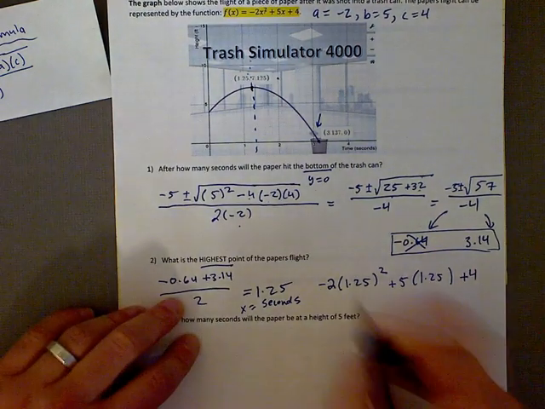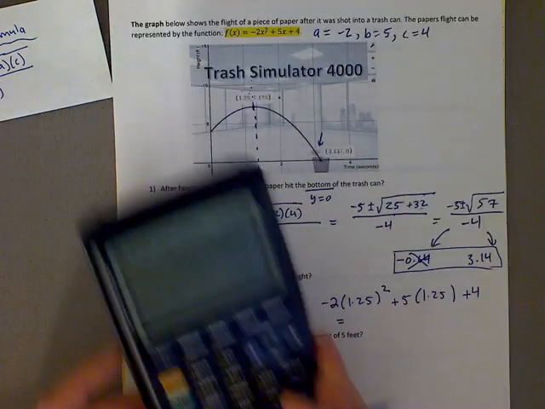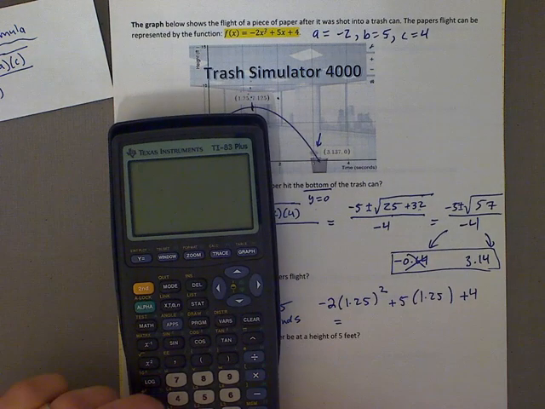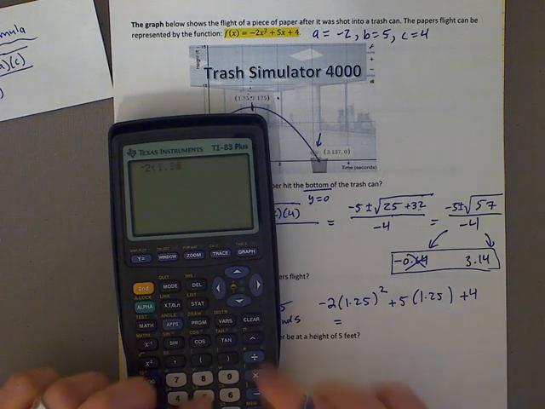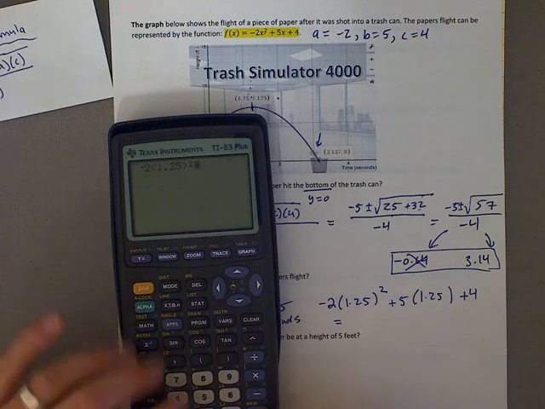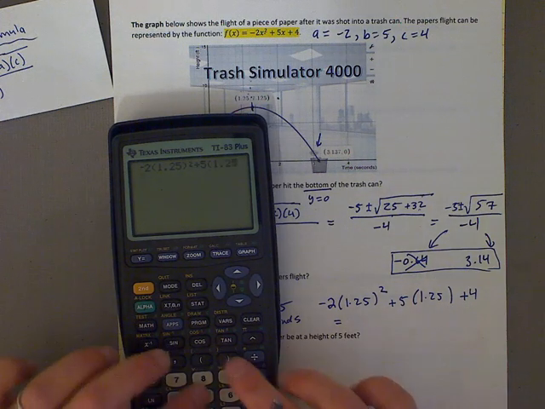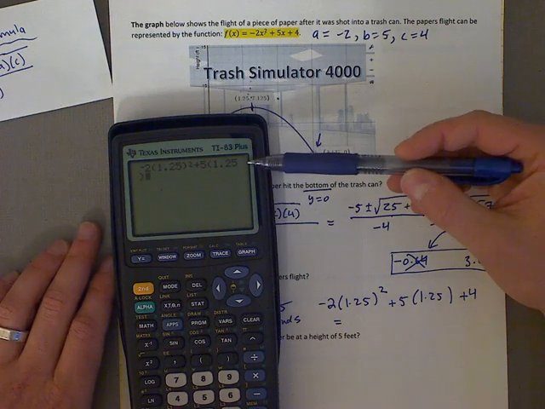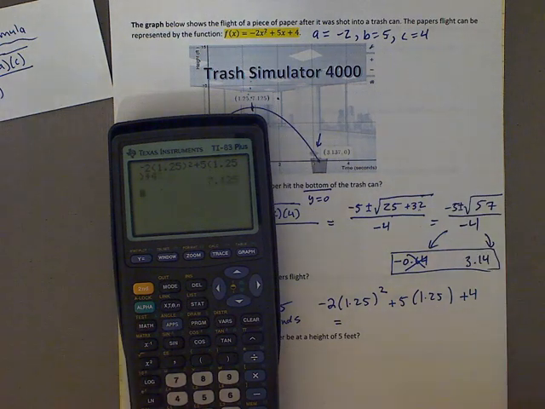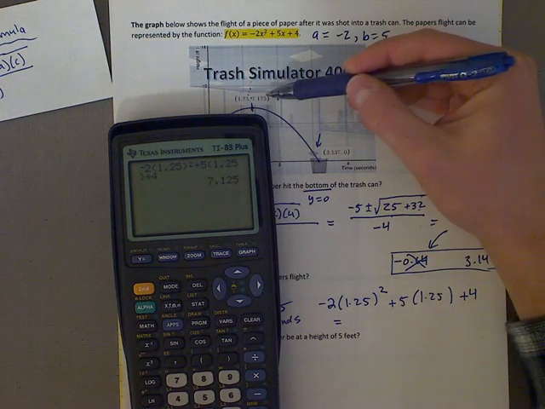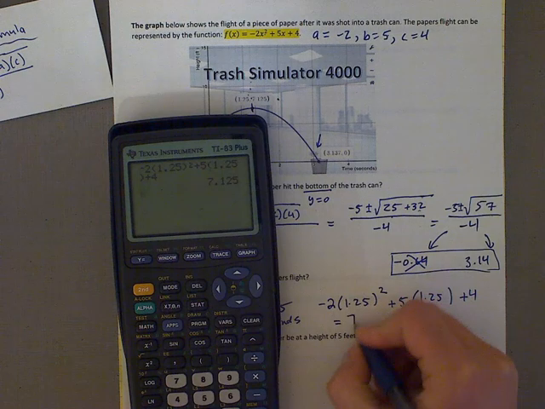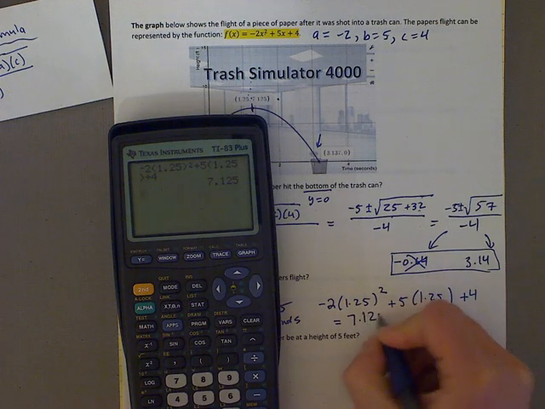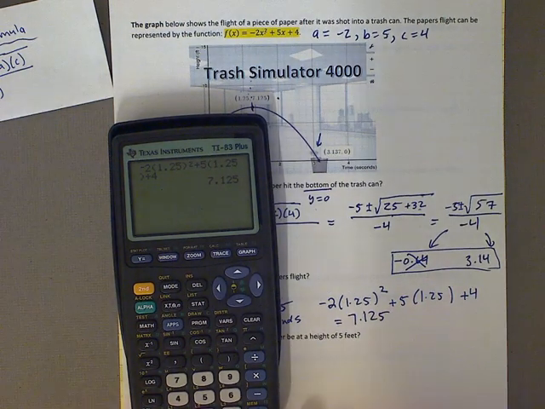And then from here, we can just put this in the calculator. So we'll go negative 2, 1.25 squared, plus 5 times 1.25. Notice how I'm putting parentheses to show that I'm multiplying that input, which is 1.25, and then plus 4. I would expect the answer that I see on the graph, and that's what I get mathematically. So it's 7.125, 7.13.